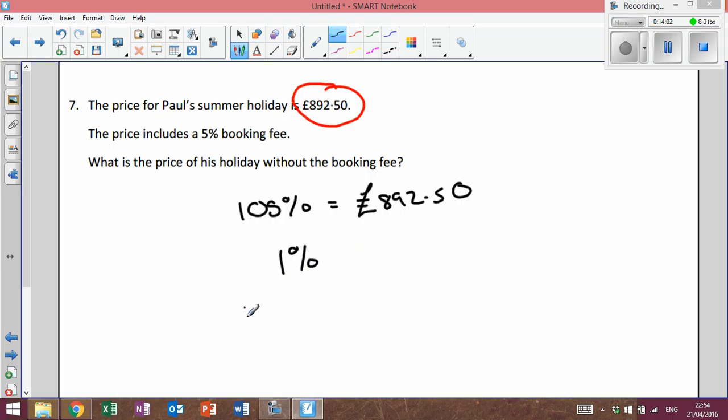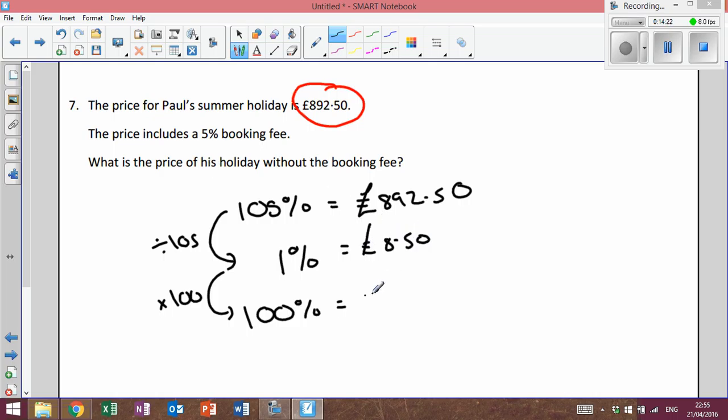Okay, we need to go back down to come back up to what the original 100% was. So to go from 105 to 1%, we're dividing by 105, and then to go from 1 to 100, it's times by 100.